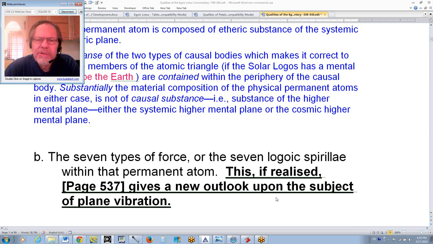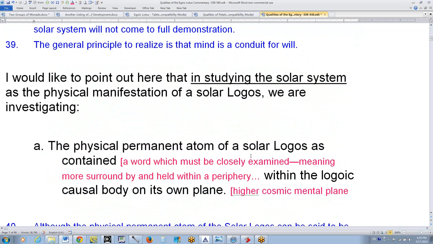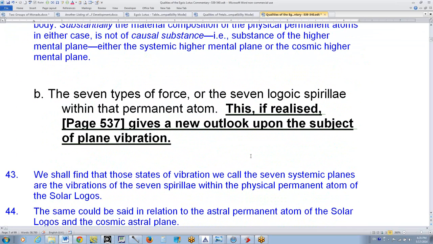So when we are studying the solar system as the physical manifestation of the solar logos, we're also considering the seven types of force, or the seven logoic spirillae within the permanent atom. What are they? This, if realized, gives a new outlook upon the subject of plane vibration, because these spirillae are the systemic planes.